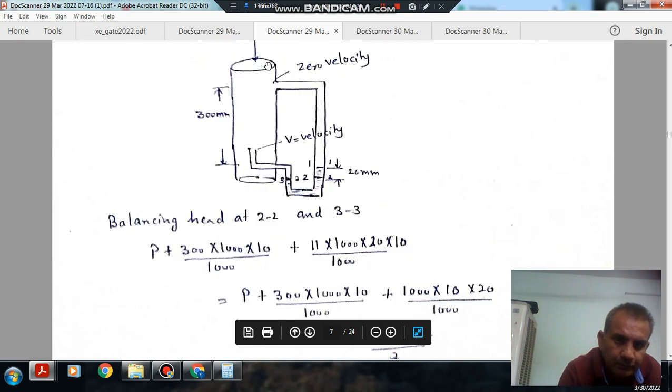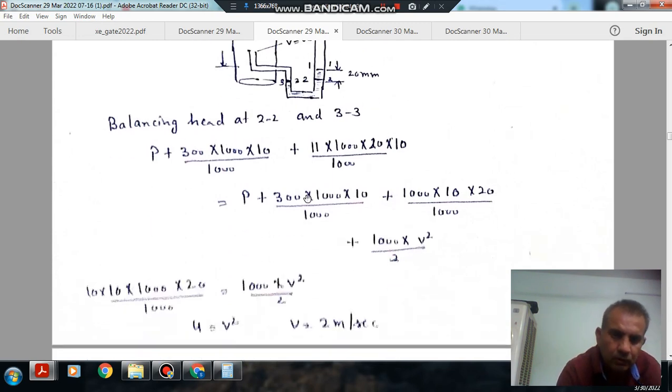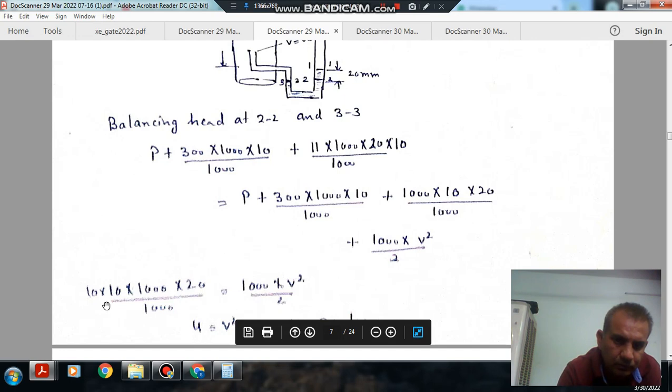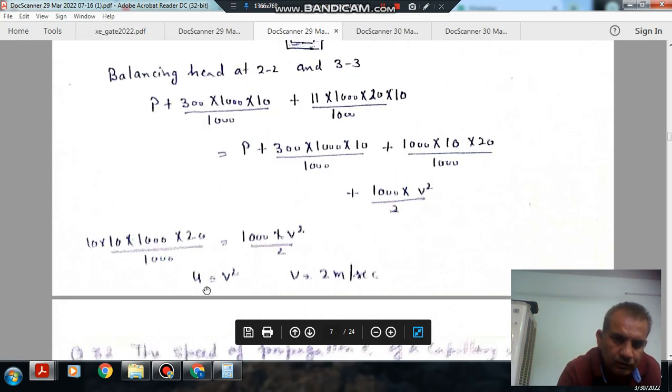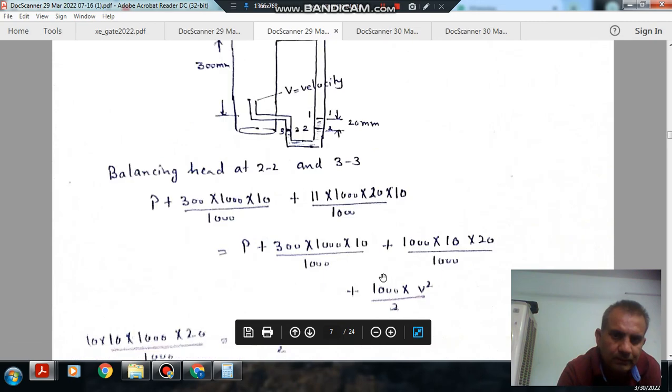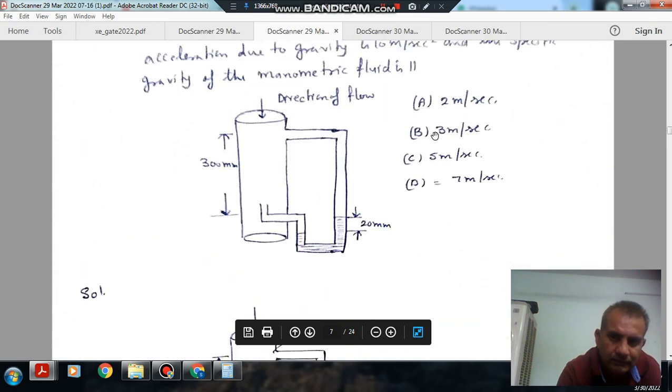It is a combination of P plus this head plus this head plus dynamic pressure. Now P and P will cancel out, this will also cancel out, and now we have 1000 into V square by 2 equal to this quantity. So V square is equal to 4 and V is equal to 2 meter per second. So the answer is A.